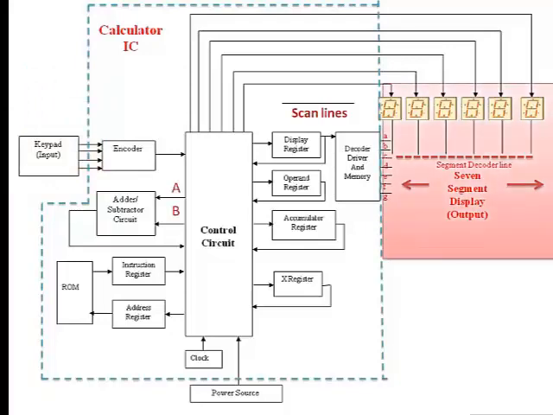Similarly, you can see on the screen here, 7 segment display is used as output device which displays the result in decimal form.